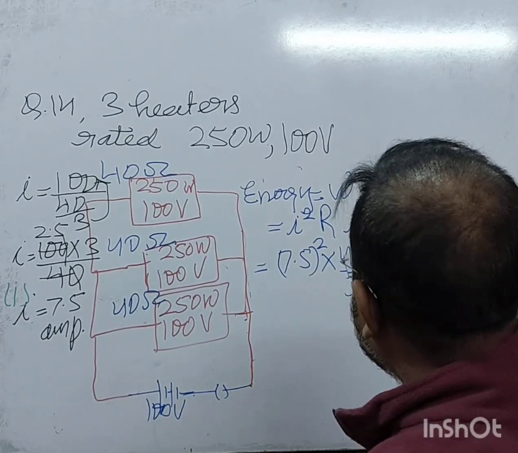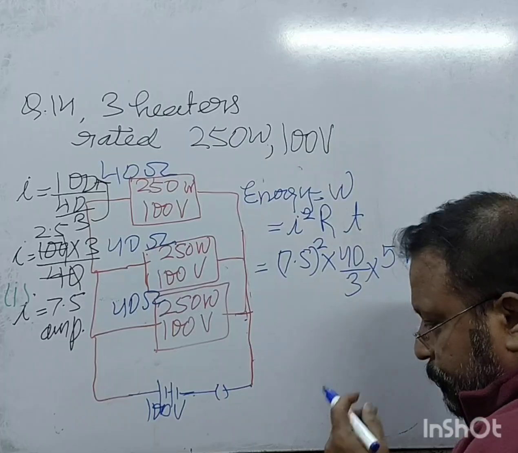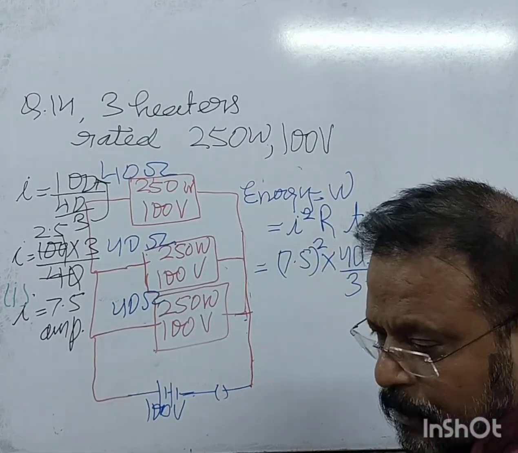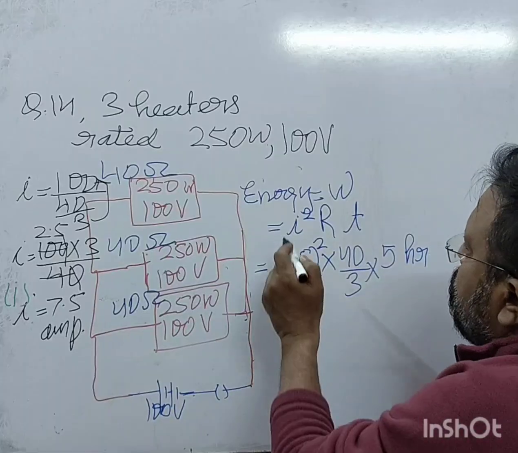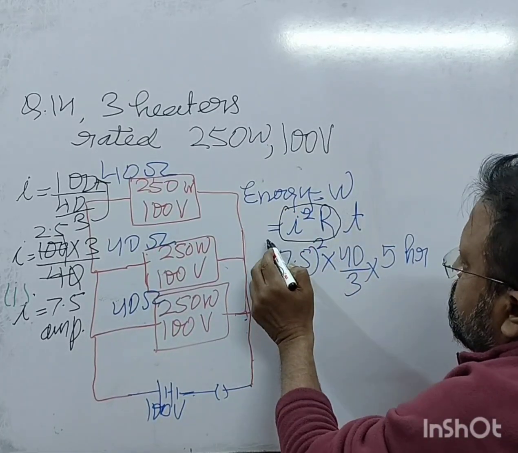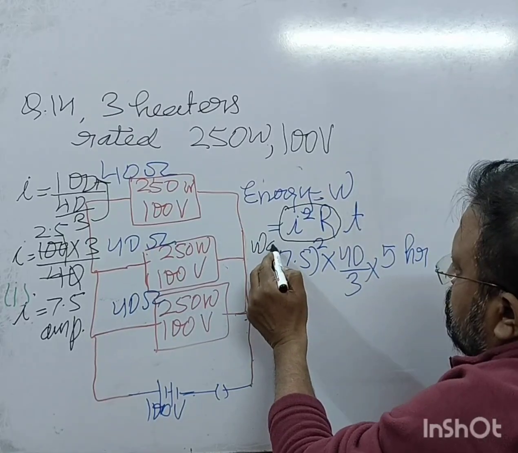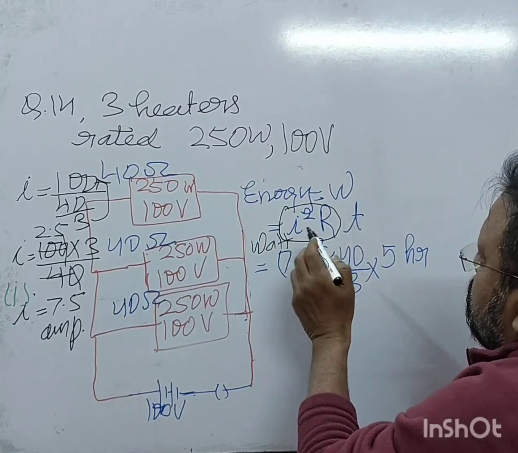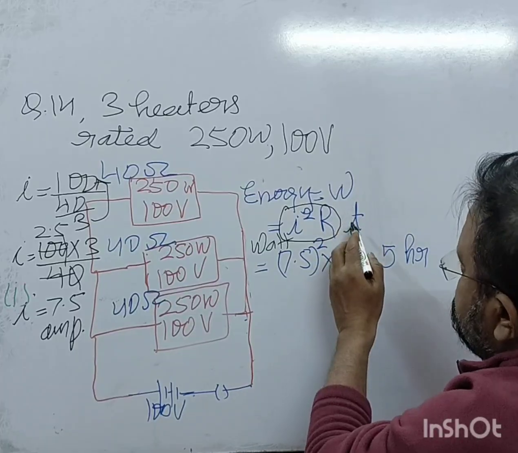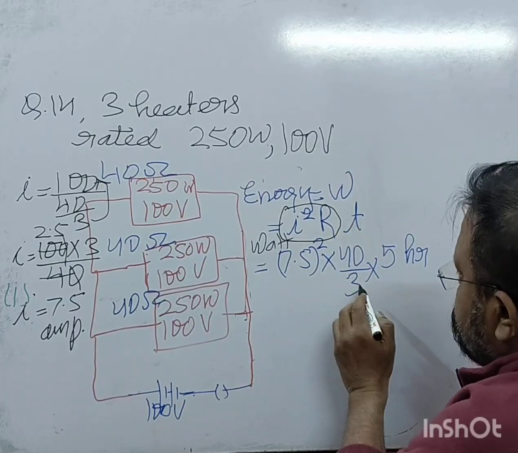I square R is watt, as it belongs to P, and this is the time we have.